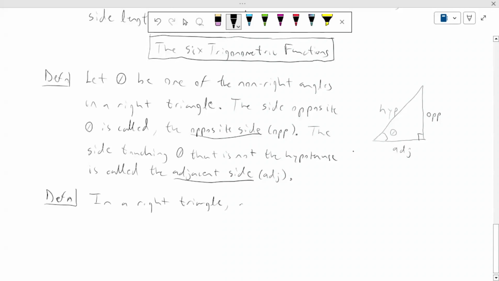A trigonometric function of an acute angle theta within the right triangle.